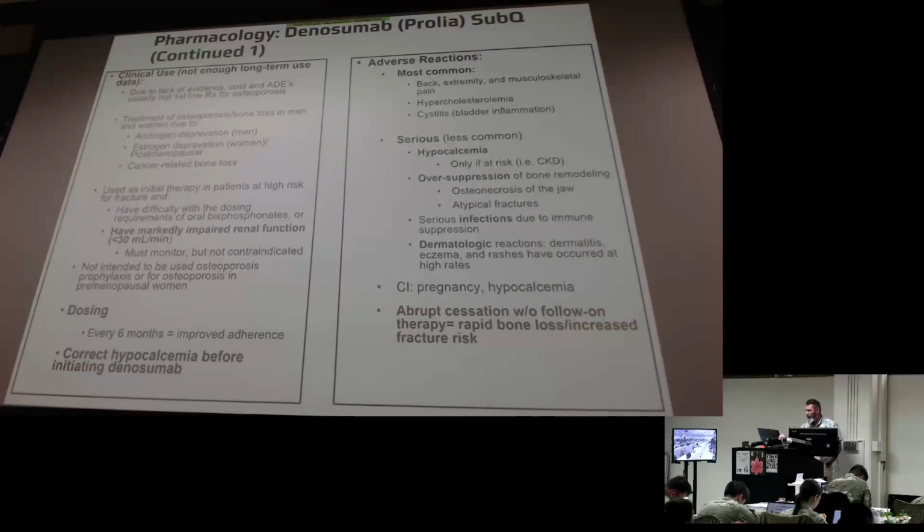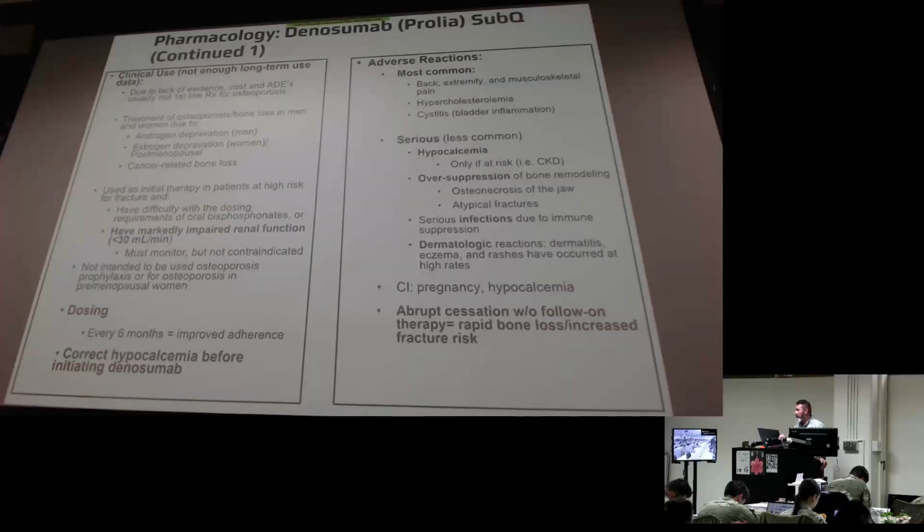So who do we use it for? It is a good first line option, especially, once again, for patients who can't take bisphosphonates. What did we say about a lab for renal function? What's our cutoff for bisphosphonates? Right. So denosumab, Prolia, you can use it at less than 30.